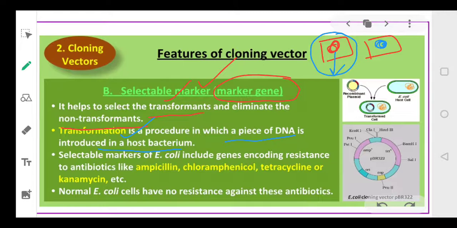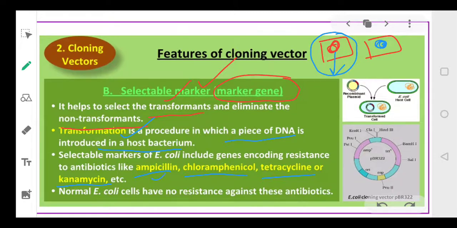Like we talk about the selectable markers of E. coli. So there are certain genes which act as selectable markers in case of E. coli, that is ampicillin, chloramphenicol, tetracycline or kanamycin. These are the genes that will act as the selectable markers. Okay, if a normal cell is there, a normal bacterium E. coli, it will have all the genes.